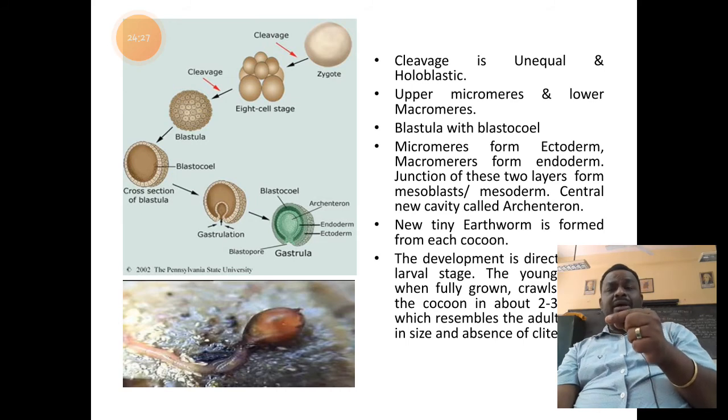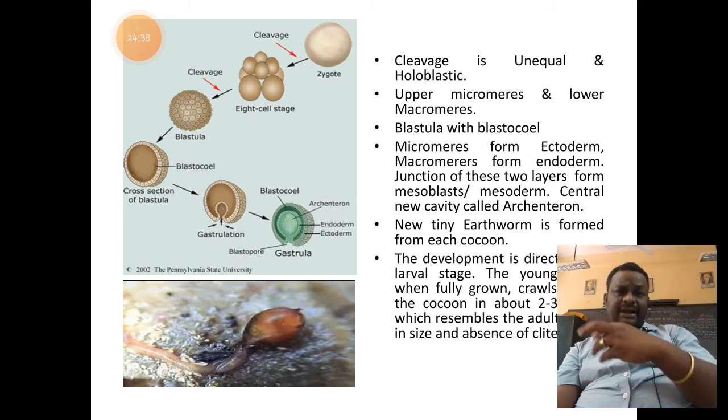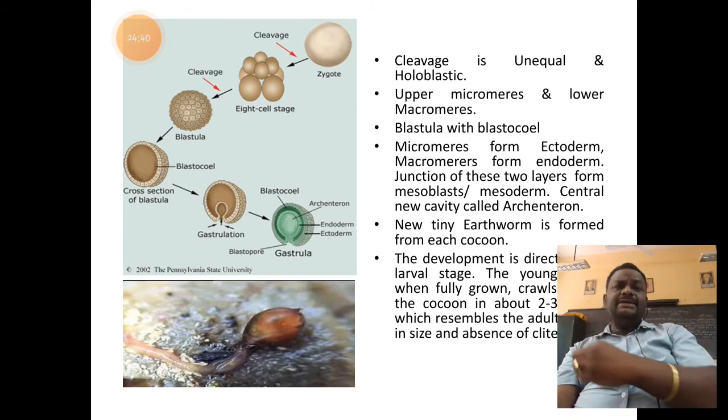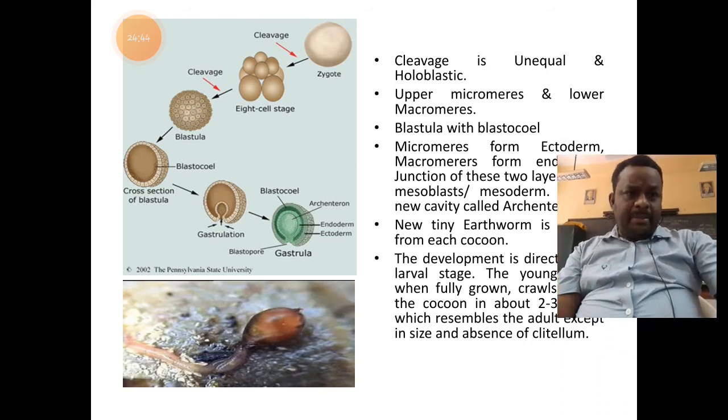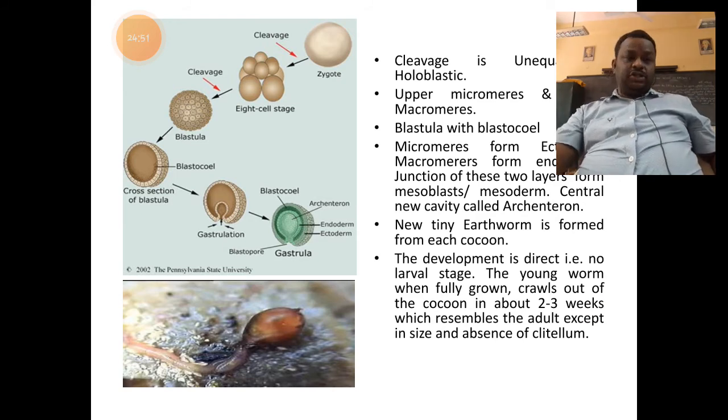cocoon, and a structure related to this you can find here in the picture down, where the cocoon is releasing out one of the tiny earthworms. So, this is about the direct development that takes place in the earthworm.